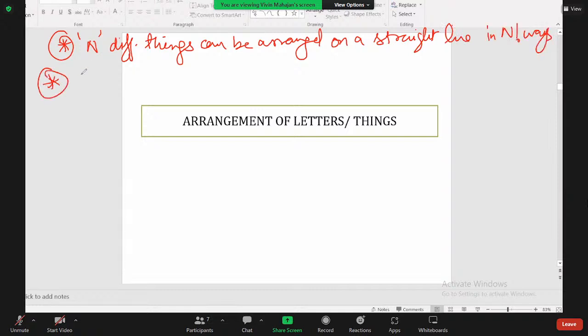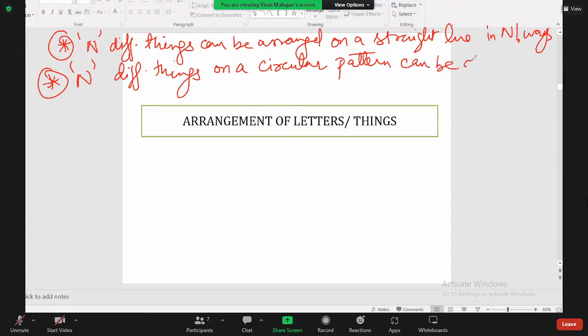And secondly, n different things on a circular pattern can be arranged in n minus 1 factorial ways.